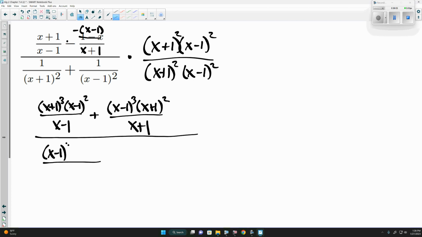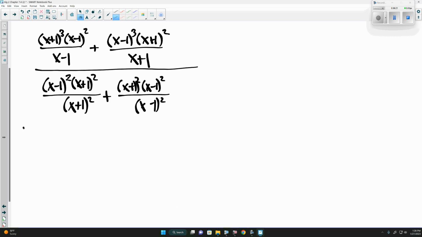x minus 1 squared times x plus 1 squared over x plus 1 squared, plus x plus 1 squared times x minus 1 squared over x minus 1 squared. Now in this, x plus 1 squared and x plus 1 squared cancel, x minus 1 squared and x minus 1 squared cancel. So what that leaves us with on bottom is x minus 1 squared plus x plus 1 squared.